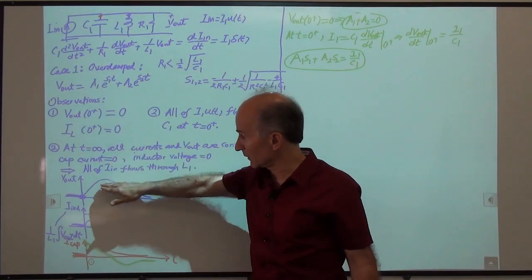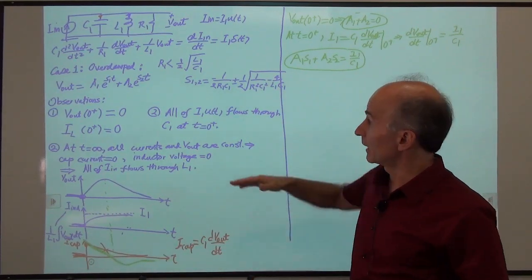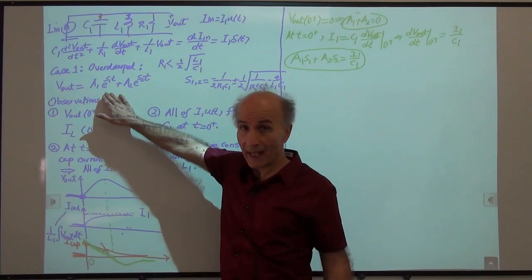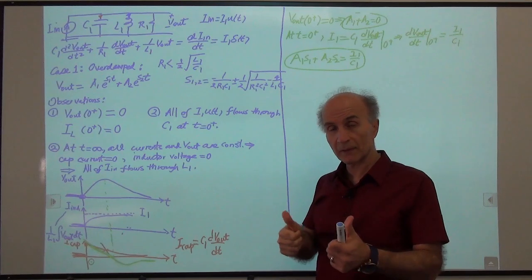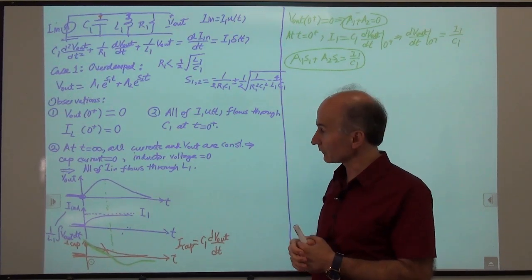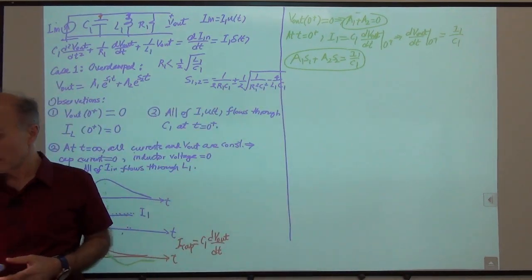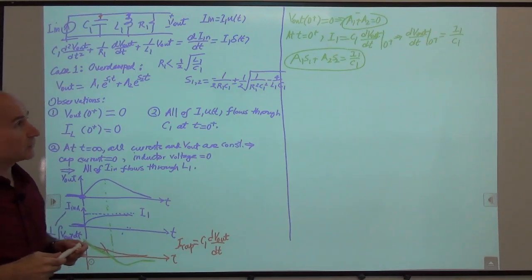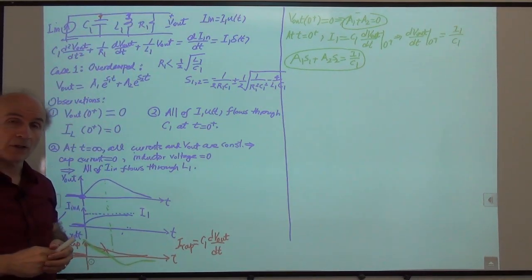So yes, V out also decays to 0. So at least qualitatively speaking, with these two exponentials, we can create a waveform like this, right? It just depends on the values of A1 and A2 and S1 and S2. So this is the case of overdamped response for the parallel RLC tank while it's driven by a current step of height I1. All right? I will see you next time.